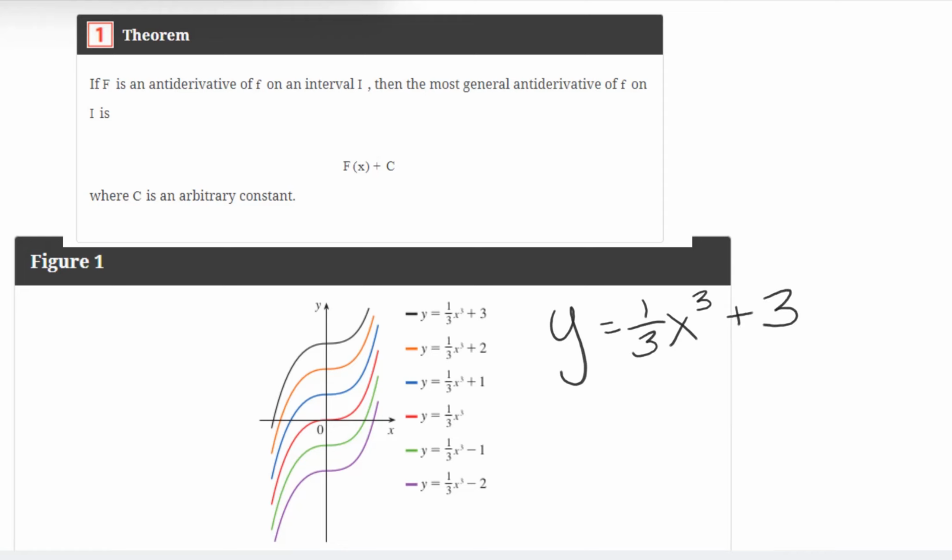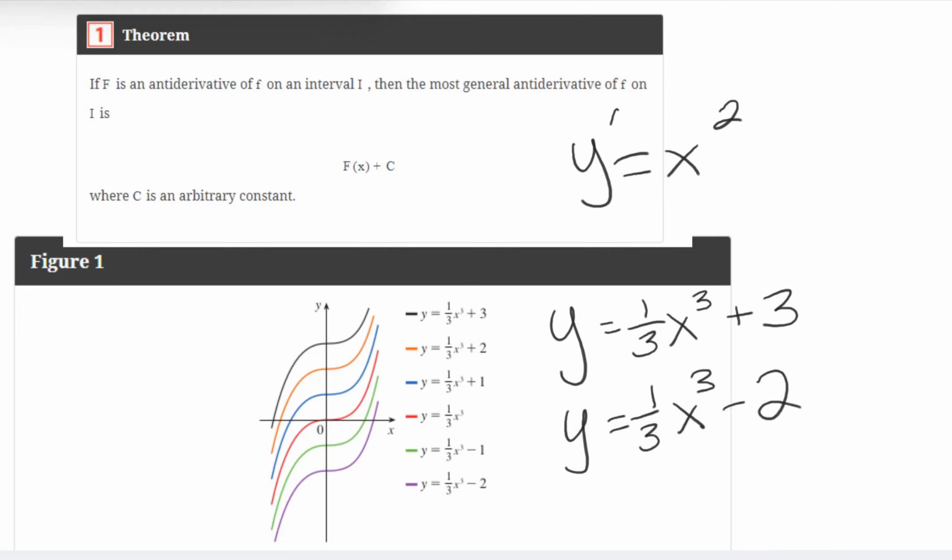What's the derivative of that? So y equals x squared, right? What's the derivative of that? It's going to be the exact same thing, right?